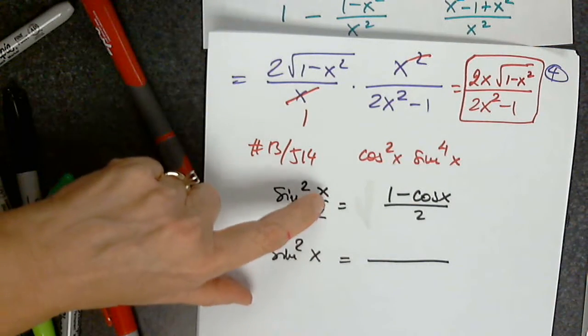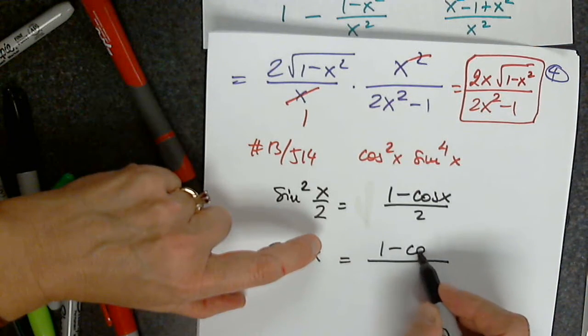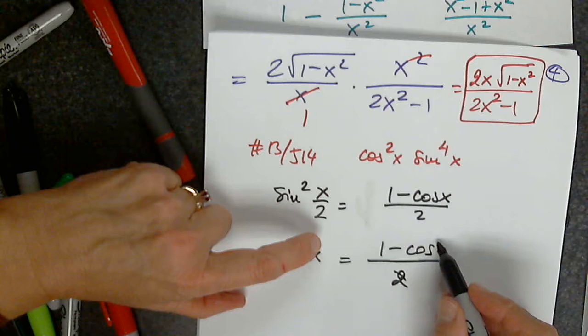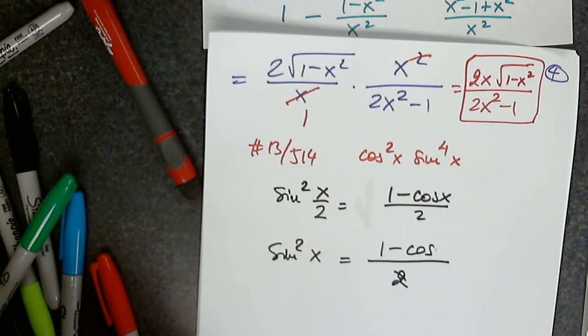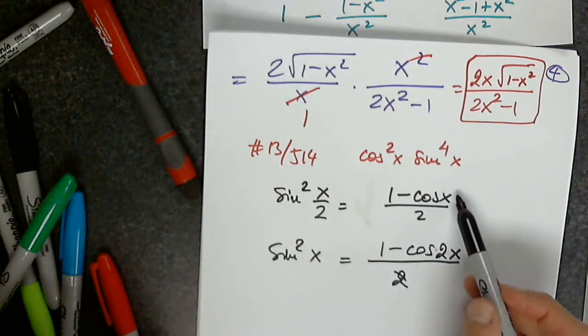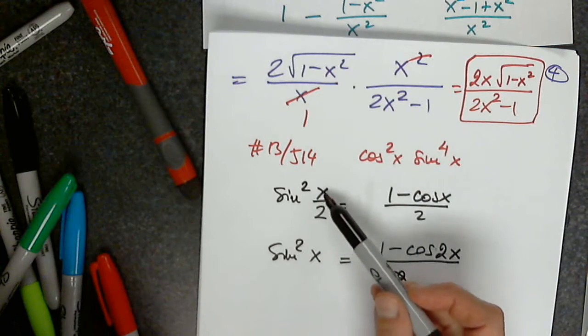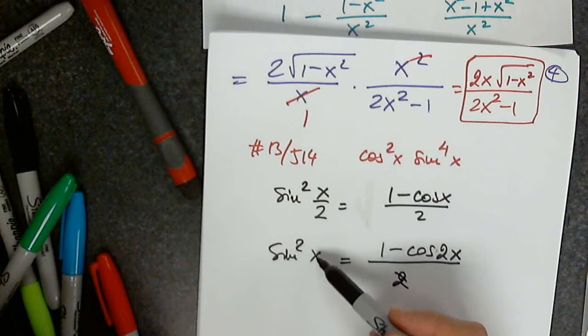So I'm replacing now x over 2 by x. So it's the same formula, but of what? Exactly. Because if this is x, remember this is x over 2, then if this is 2x, that has to be 2x over 2.